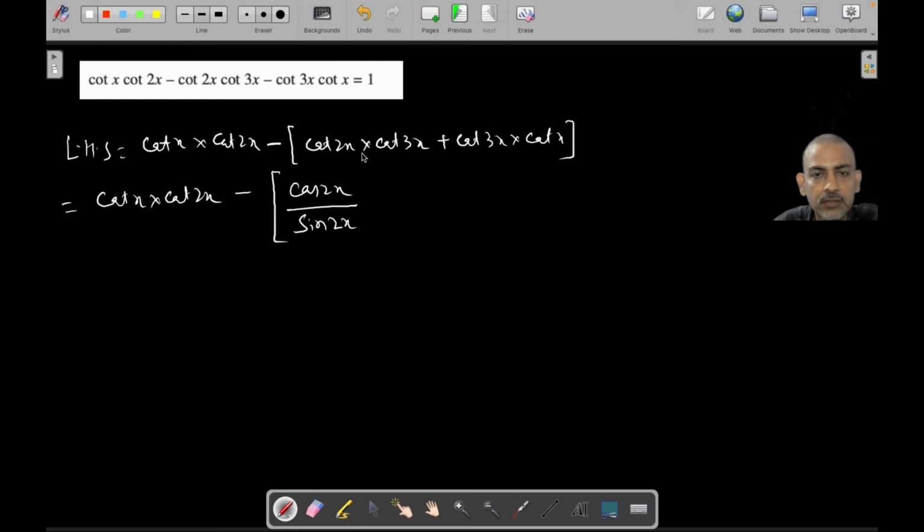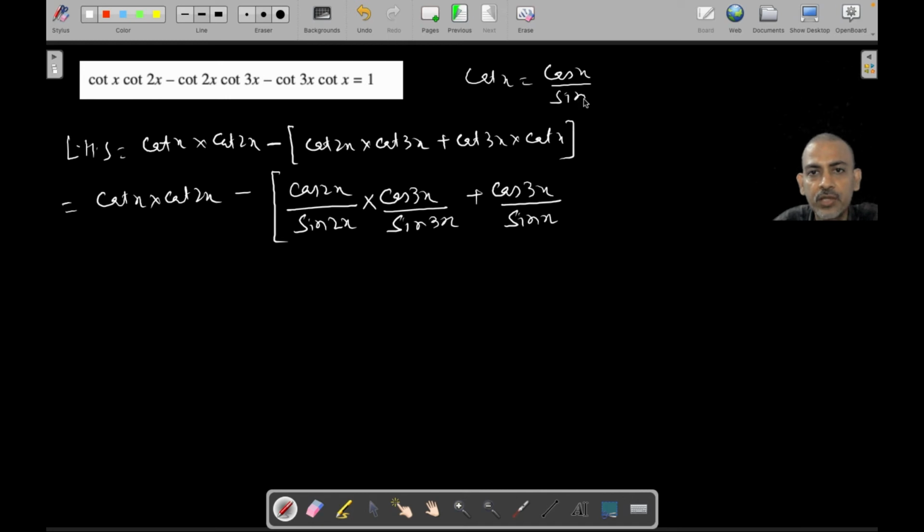But let's work with it and then write cos of 3x by sine of 3x plus cos of 3x by sine of 3x. I'm just writing cot x as nothing but cos x by sin x.